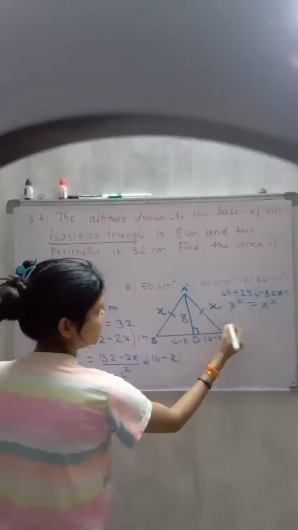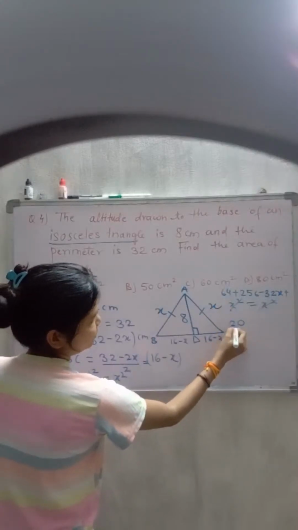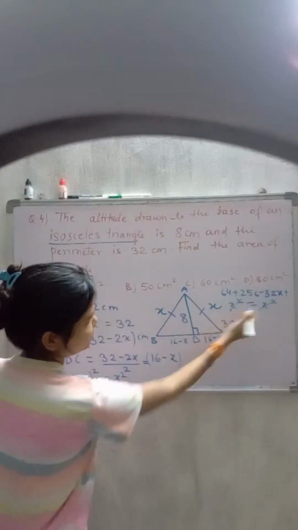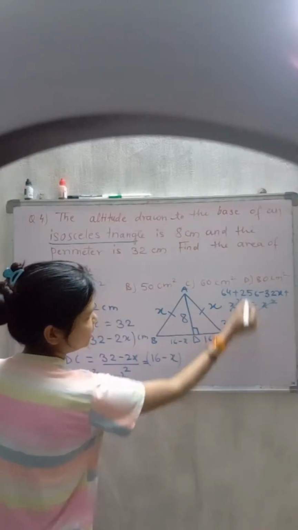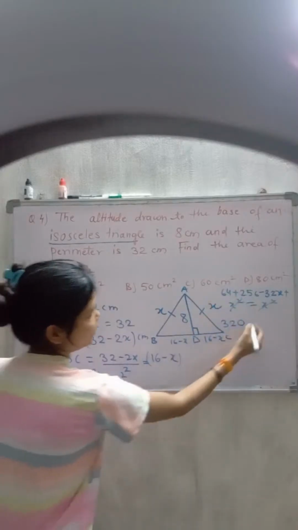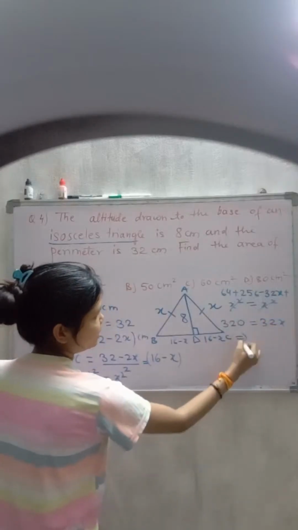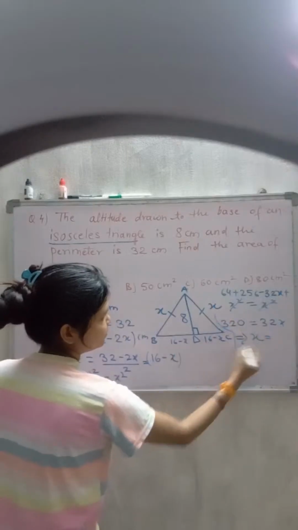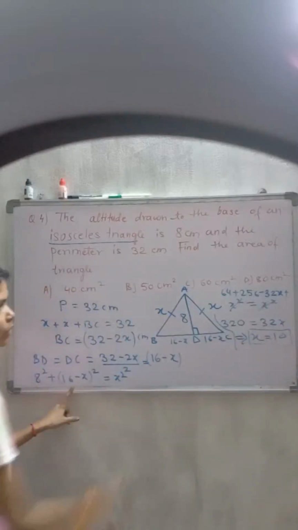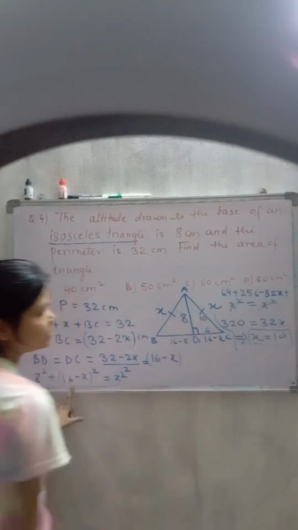So 64 plus 256 will be 320, equal to 32x. This implies x will be equal to 10. So the value of x will be 10. 16 minus 10 will be 6.